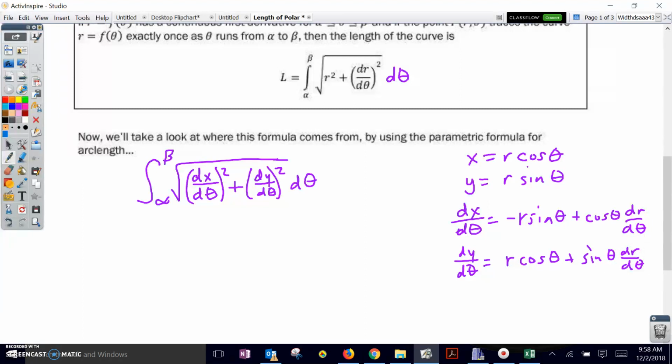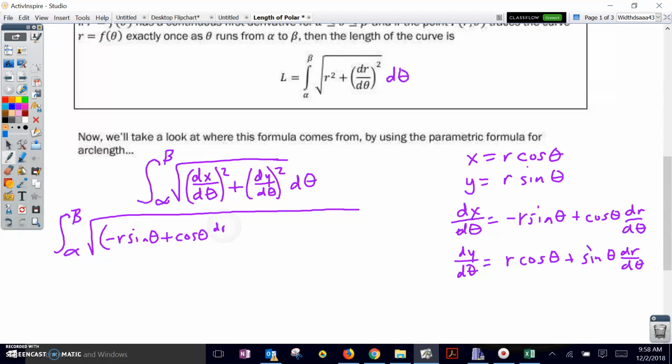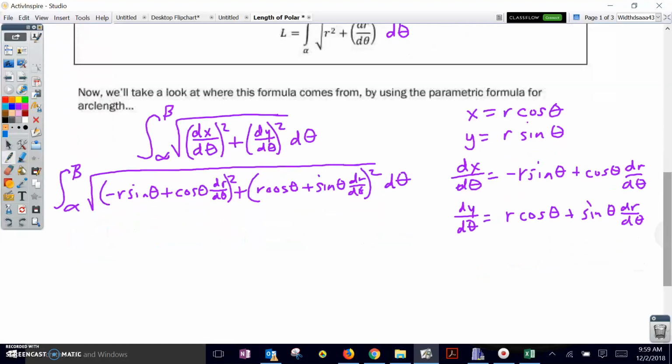And so, substituting these values into our arc length formula, we have the integral from alpha to beta of the square root of (dx/d theta) squared plus (dy/d theta) squared with respect to theta. And now we've got to expand out these two squared quantities underneath the radical.